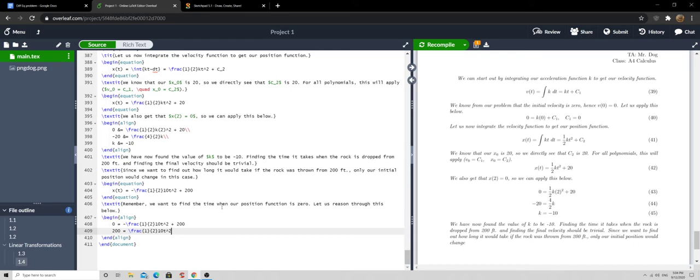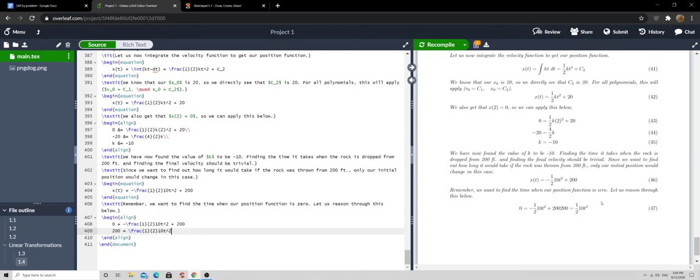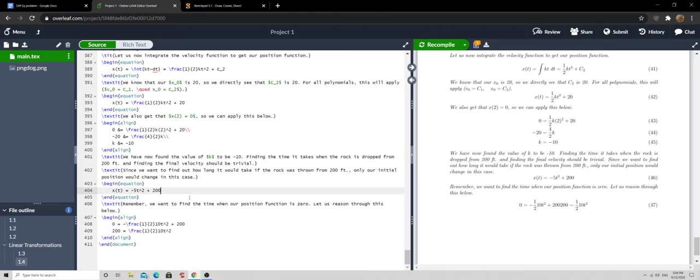We have to remember that. I actually don't know why we never simplified our position function. Let me see what this looks like. We could have just set this to 5, right? We don't need the frac there anymore. So we should just have -5 t squared plus 200. Nice.